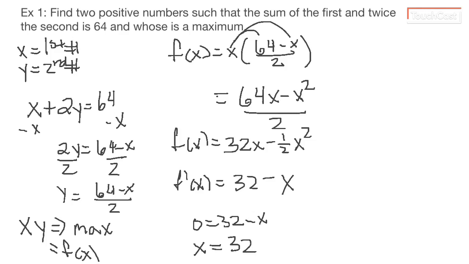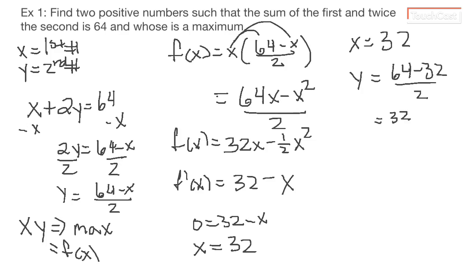Now if I want to find y, all I'm going to do is I'm going to take 32 and put it into that y equation we made. So I'm going to just rewrite my x equals 32 up here. Then I'm going to go y equals 64 minus 32 divided by 2. Well, 64 minus 32, that's 32.